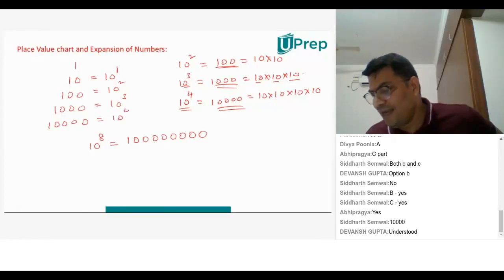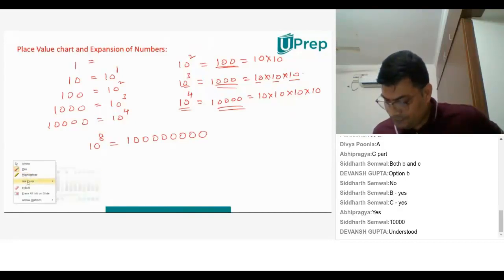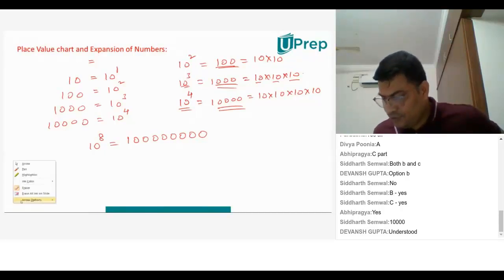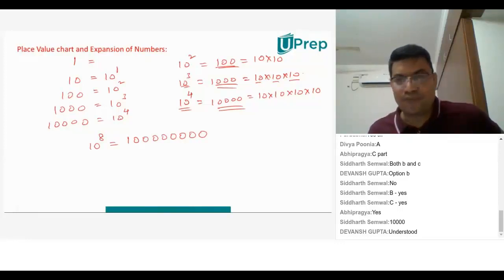Now you know 1,000 is nothing but 10 cube, and this is nothing but 10 to the power of 4. Now can anyone guess and tell me, how can I write 1? Using the same logic, how can I write 1? If this is 10 to the power of 4, this is 10 cube, this is 10 square, can you guess what this should be? 10 to the power of?